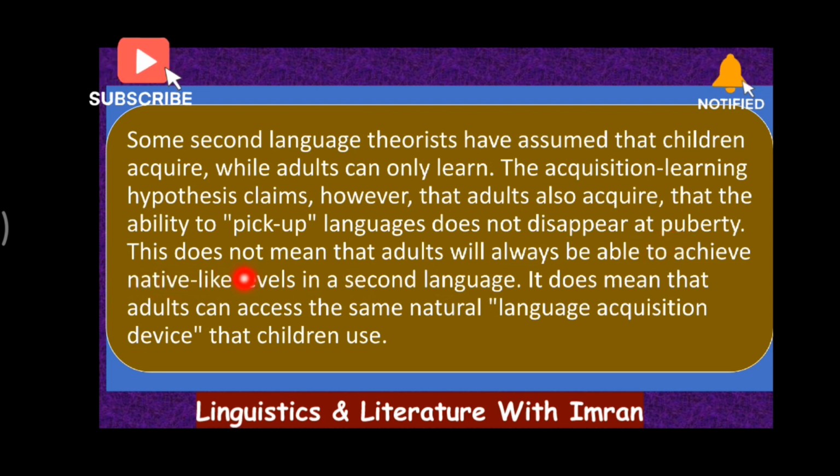So this does not mean that adults will always be able to achieve native-like levels in a second language. So if you are an adult and you acquire a language, it's not possible that you will achieve native-like levels of competence in a second language.